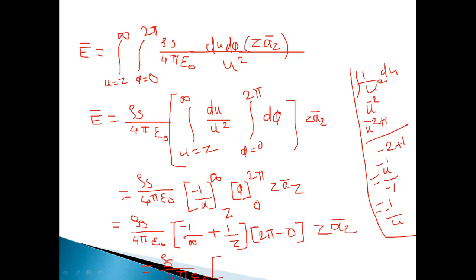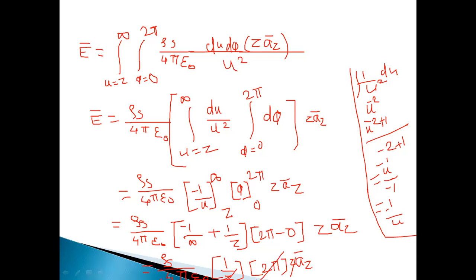What is minus 1 upon infinity? 1 upon infinity is 0. So it is 0 plus 1 by z, means only 1 divided by z. And 2 pi, and z into a bar z. So this z and z will get cancelled.